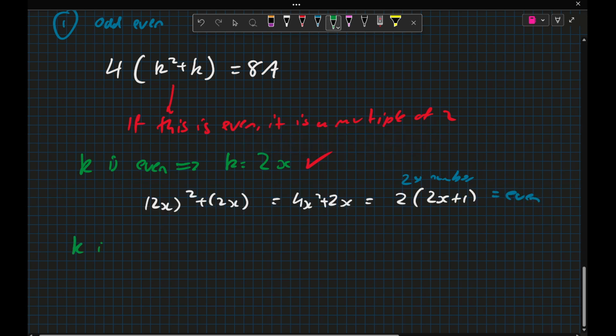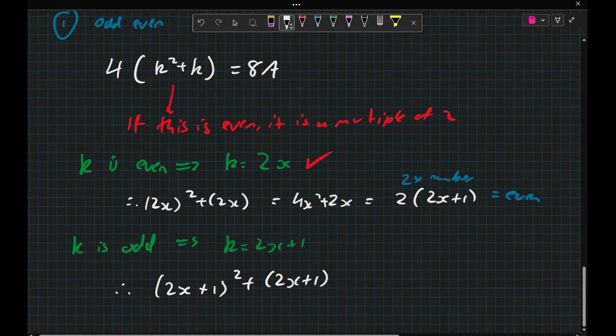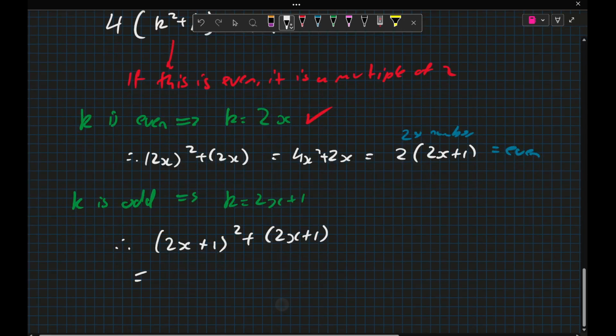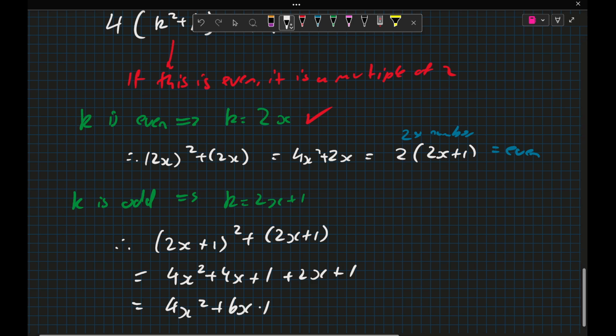But what happens if k is odd? Well, k is going to be 2x plus 1. Therefore, we'll have (2x plus 1) squared plus another 2x plus 1. Simplifying this, we get 4x squared plus 4x plus 1 plus 2x plus 1, which ends up being 4x squared plus 6x plus 2, which again we can take a 2 out of.